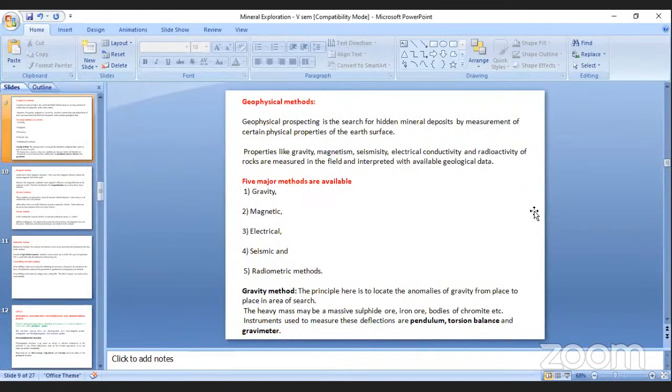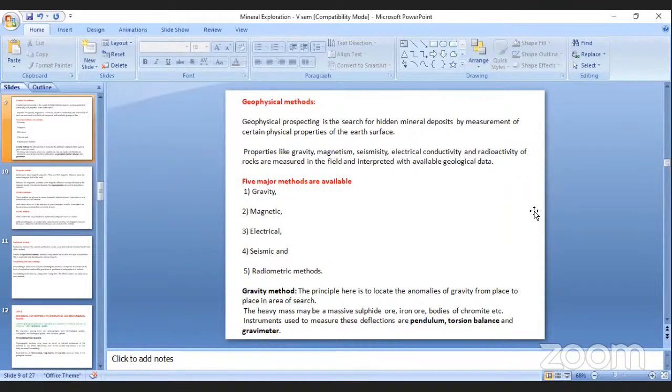And next, there are some geophysical methods also. Geophysical prospecting methods are useful for searching for hidden mineral deposits using some geophysical properties of the Earth's surface. For this we can use different methods.